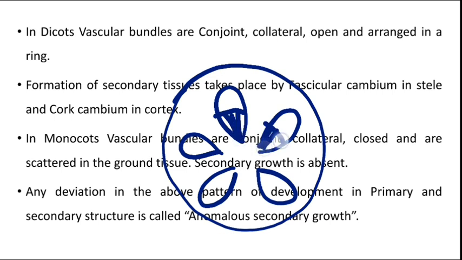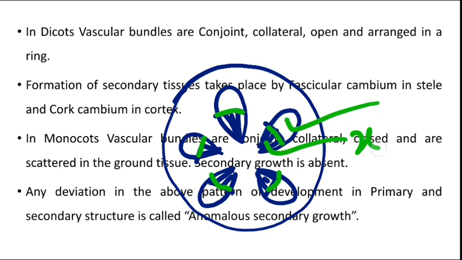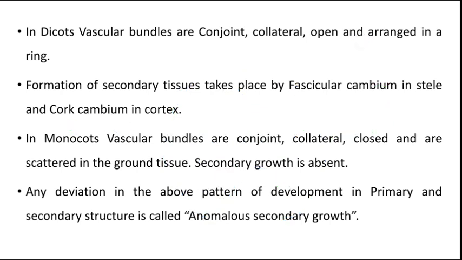Xylem is present on the inner side and phloem on the outer side, and between phloem and xylem is the cambium, the fascicular cambium. From this cambium secondary growth takes place, and in the cortex, cork cambium is present, which helps in the formation of periderm.